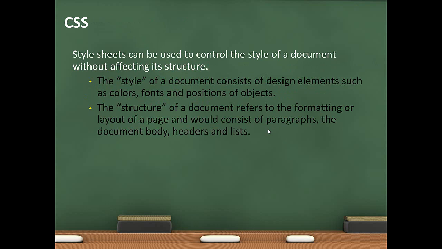So style sheets can be used to control the style of a document without affecting its structure, which basically says I can have, if I wanted to, a different style sheet for each different platform. I might have a style sheet for a smartphone device, perhaps like an Android or an iPhone. At the same time, I might have another one that says this is what the desktop application is going to look like.